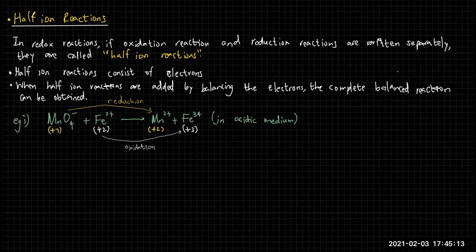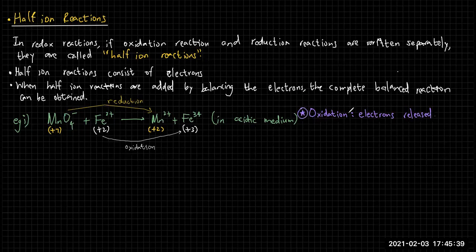Now, first and foremost, you have to understand something before we move on to the half ion reactions. The process of oxidation means electrons are released. In other words, the oxidation number increases.